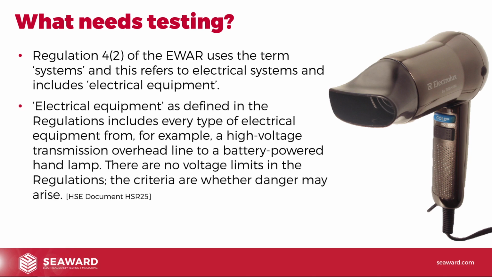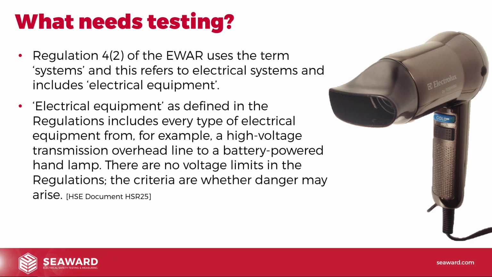HSE document HSR 25 goes into detail about what we mean by electrical equipment, and it says electrical equipment as defined in the regulations includes every type of electrical equipment, for example from high voltage transmission overhead line to battery powered hand lamps. So we're going all the way from parts of the distribution network, high voltage overhead lines, down to a battery powered hand lamp, a torch.